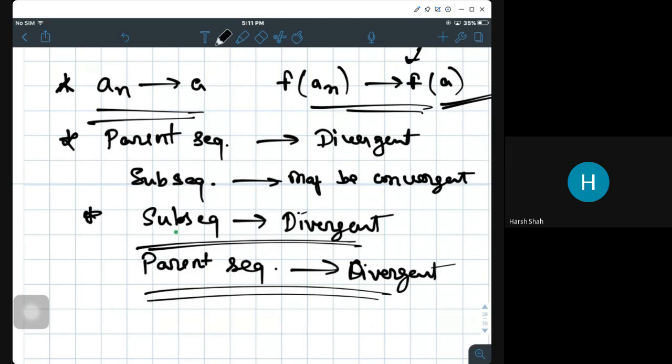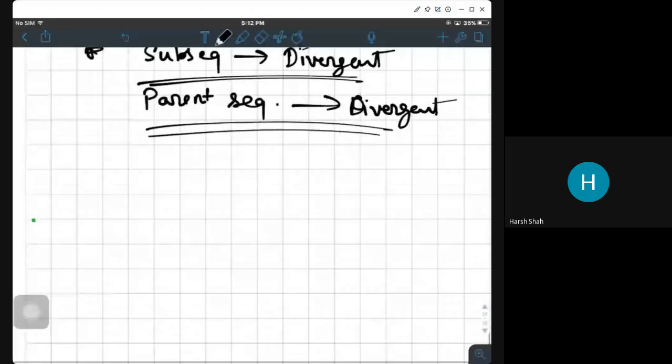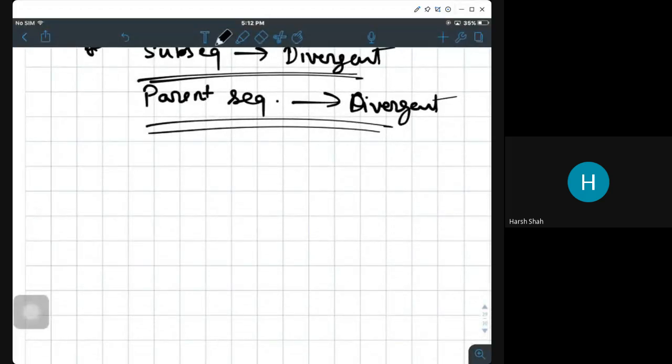Anyone facing any doubts? Limit calculation is also an important topic. Asymptote is for functions. We'll come to that when we go to functions.